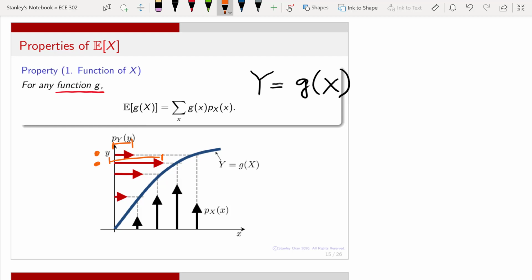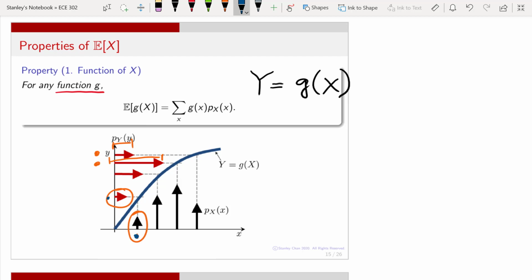Because the probability of getting an arrow is not changed with or without this mapping, the height of these arrows will remain the same. However, because of your function, the location or the state of the arrow will become different. For example, your state is here, and then when you go through this function, the state becomes there.